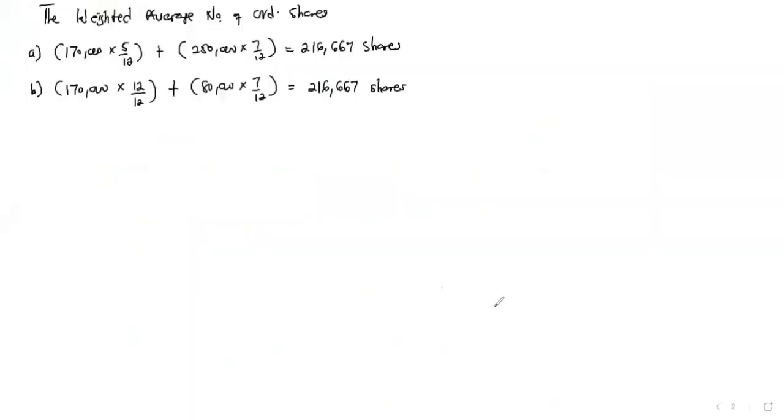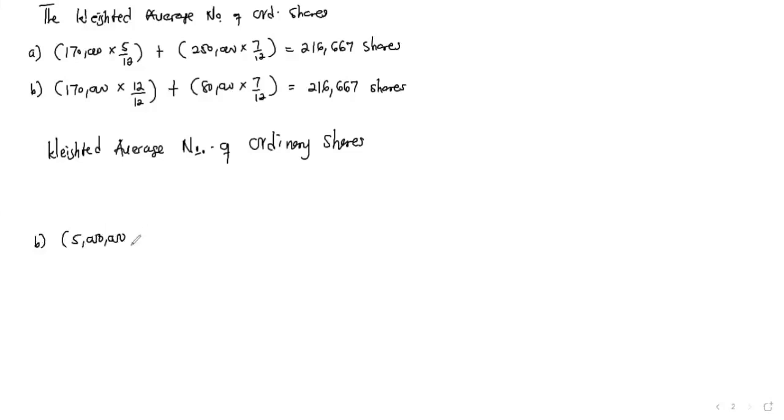So let me write what you just said. Okay, so again, we are looking at the weighted average number of ordinary shares. So Paul is looking at method 2. So Paul, in terms of your approach, you said the 500,000 shares that was issued on 1st January lasted for 12 months.